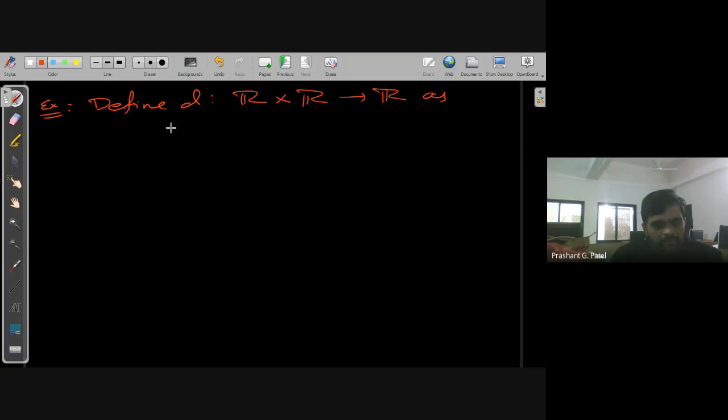Let me give you another example. Let us define a function d from R cross R to R as d of (x, y) equal to |x square minus y square|. The question: is d a metric?